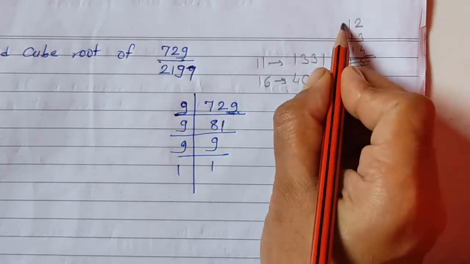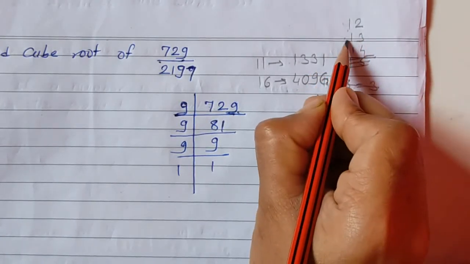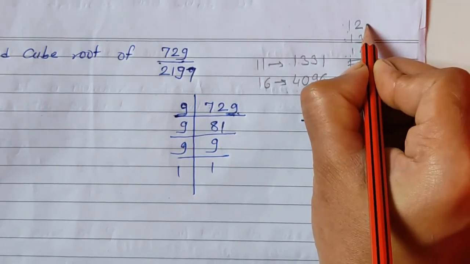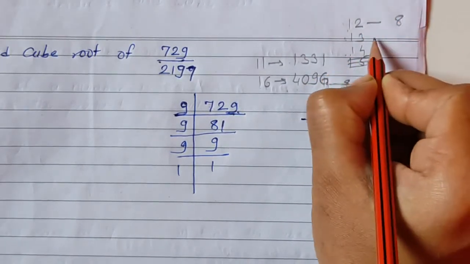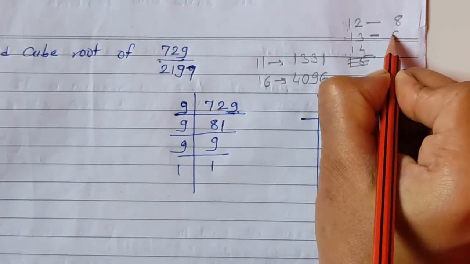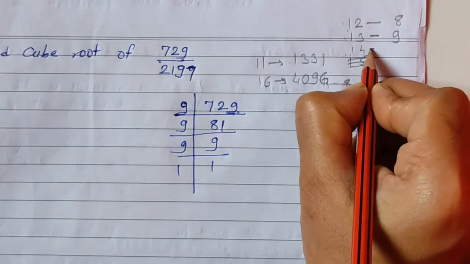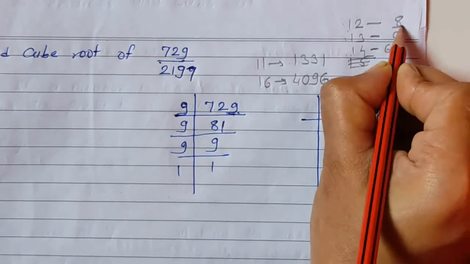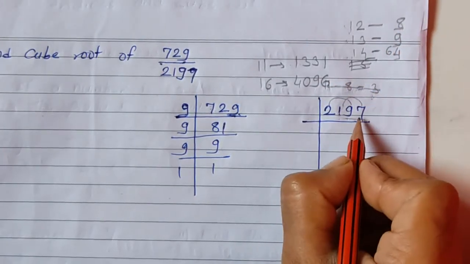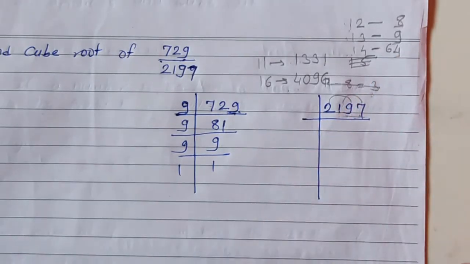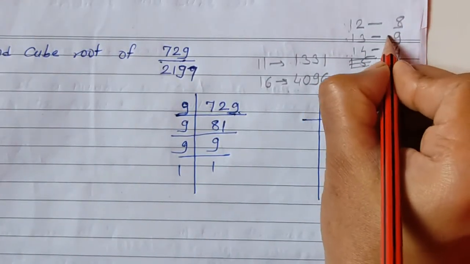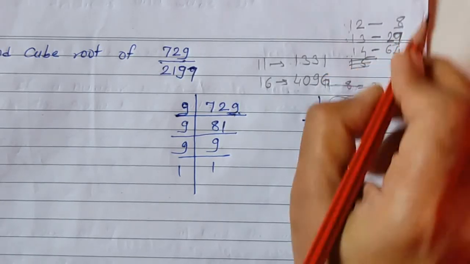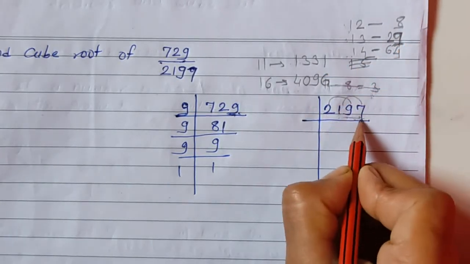So check for 12, 13 and 14. You know that the cube of 2 is 8, the cube of 3 is 27, and the cube of 4 is 64. So at the unit place, which number lies here? Here the cube of 3 is 27, so 7 is here.